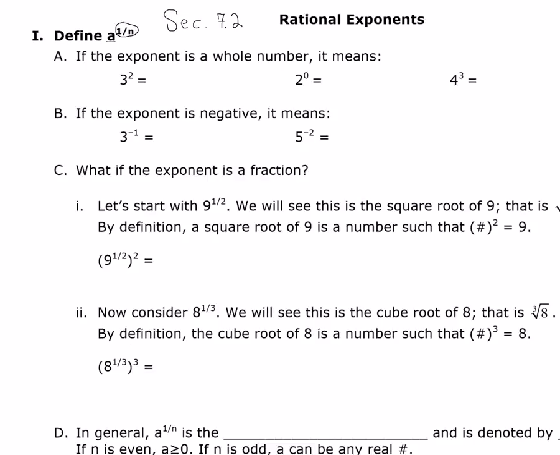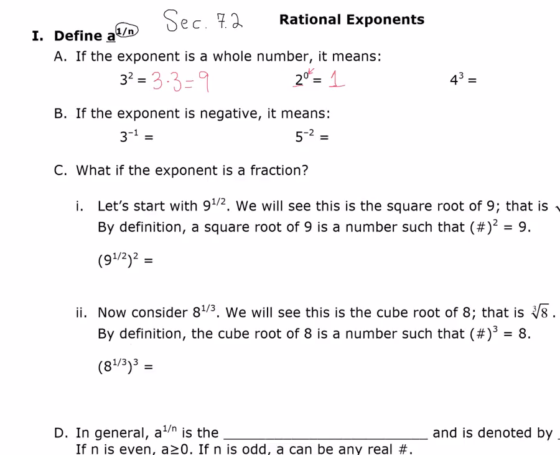Looking at this, 3 squared, we know what 3 squared is. 3 squared is just 3 times 3, so that's just 9. Nothing new there. And then we have 2 raised to the power of 0. Anything raised to the power of 0 is 1.